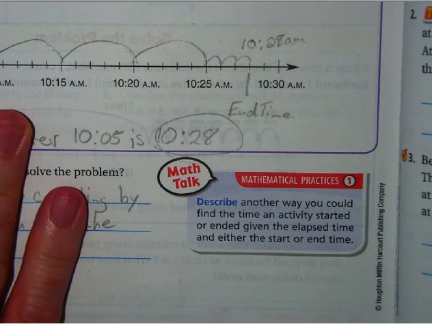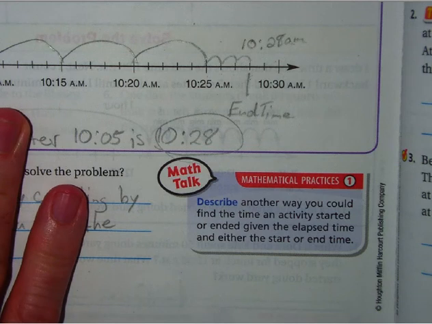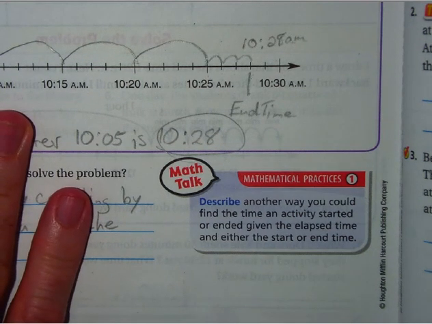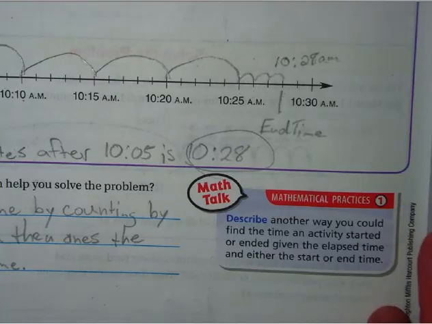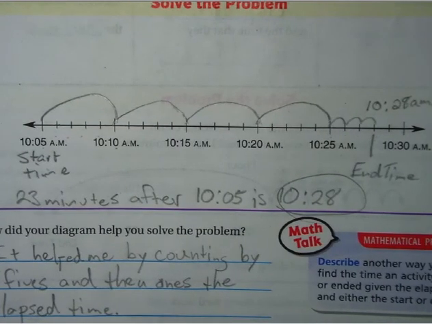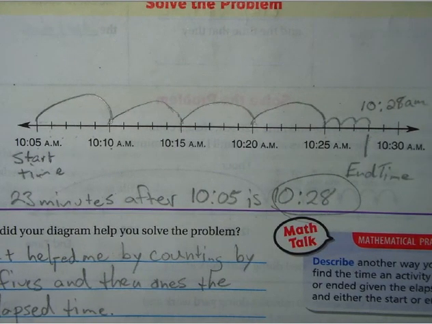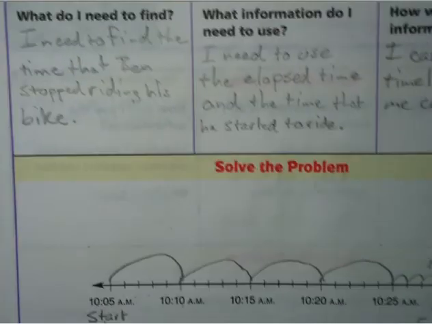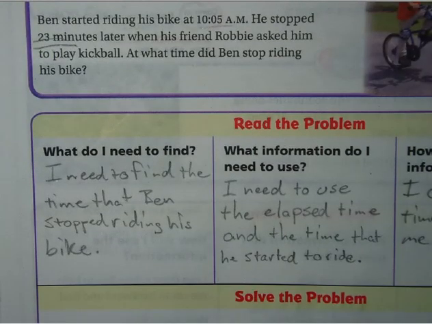Math Talk, describe another way that you could find the time an activity started or ended given the elapsed time and either the start or end time. Oh, well, I think the way I would describe it is instead of using a number line, I would just start at 10:05 and add 23 minutes to that.